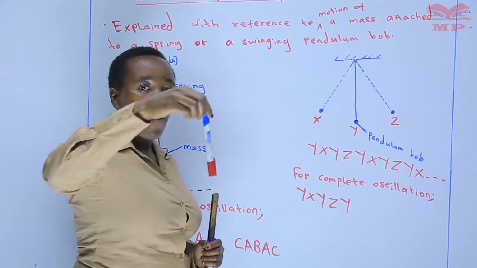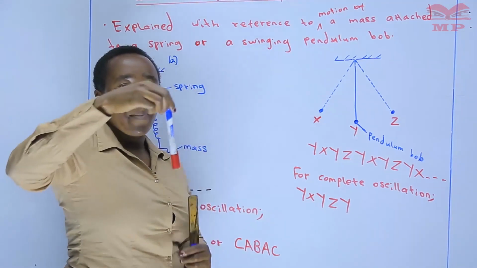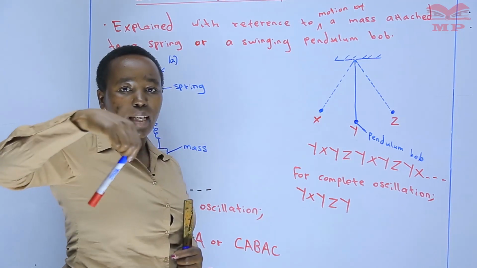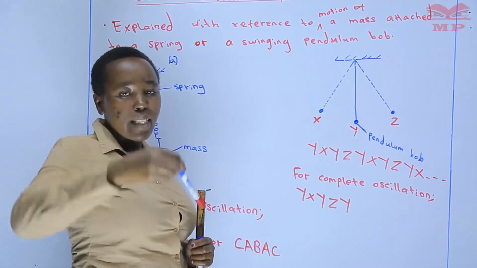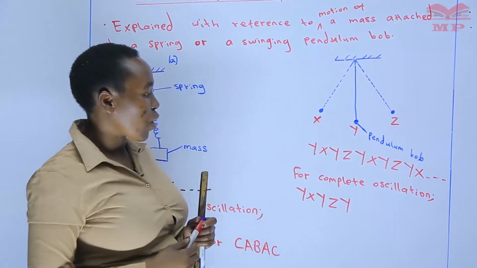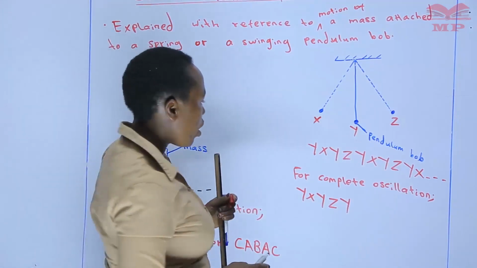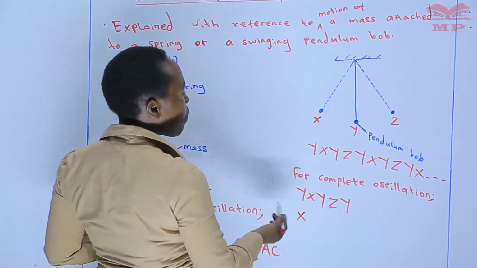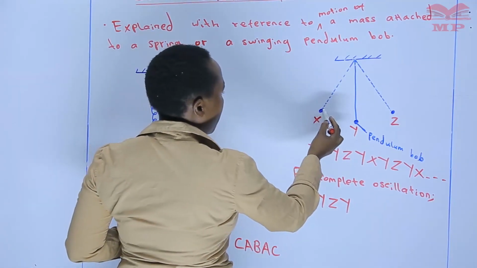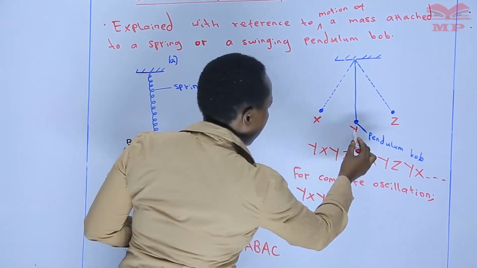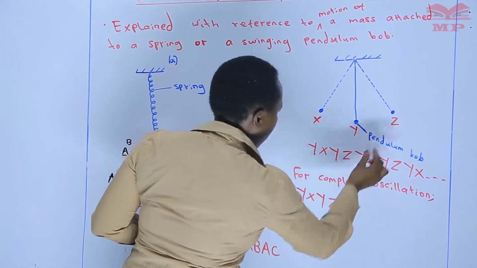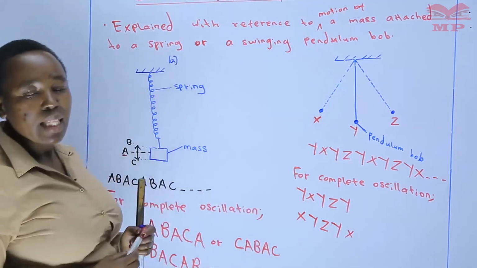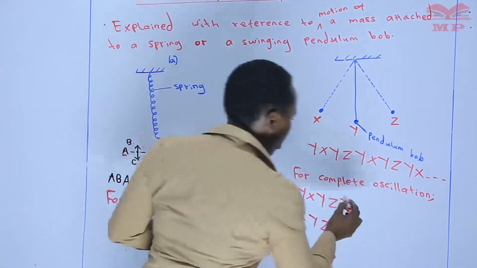So if we have our pendulum bob here, moving to this side, back, then to the other side, then the starting position, that is a complete oscillation. Then if we are starting from X, because we can start from any point, it moves to Y, then to Z, then through Y again, and back to X. That is another complete oscillation.